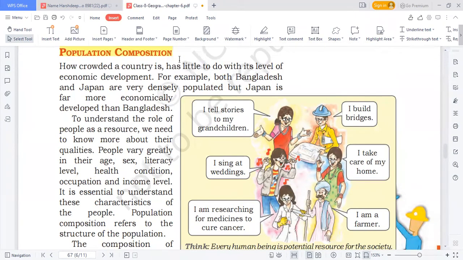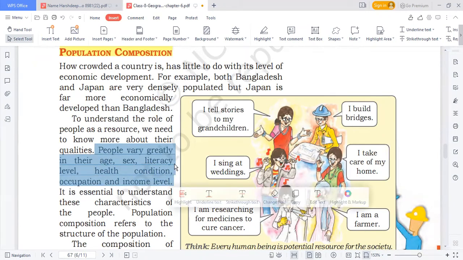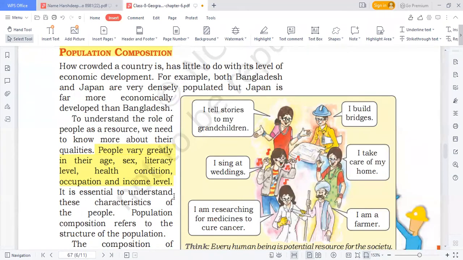Population composition refers to the state of population studied in the context of age, sex (males and females), literacy level, health conditions, occupation and income level.